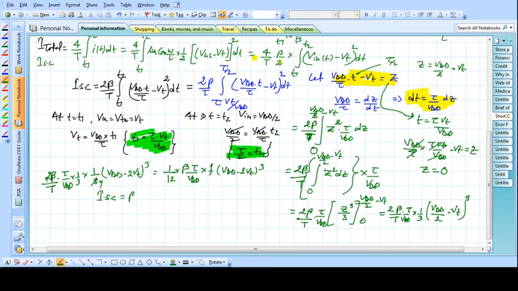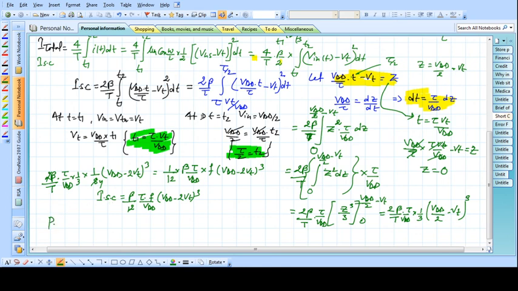ISC is nothing but simply beta by 12, then tau f by VDD into (VDD minus 2 vt) whole cube. Now this one is the short circuit current.